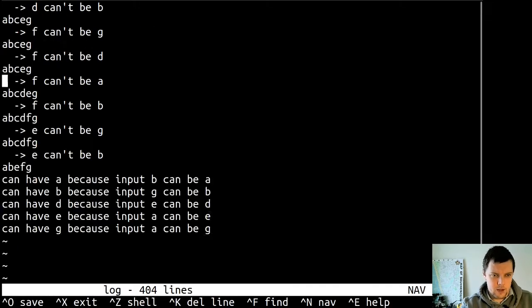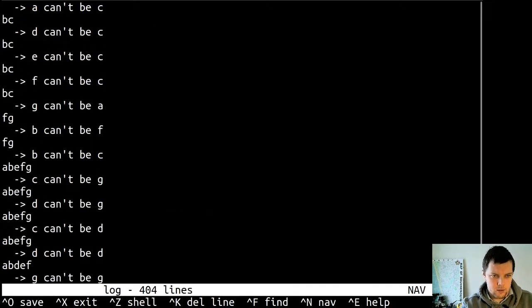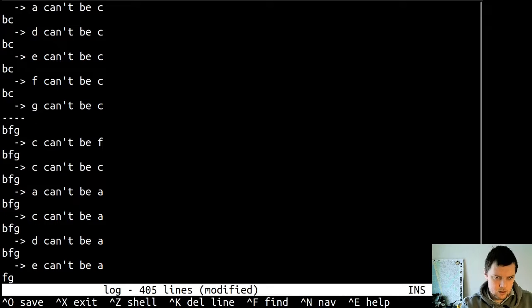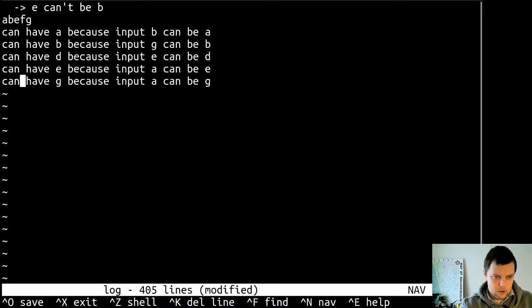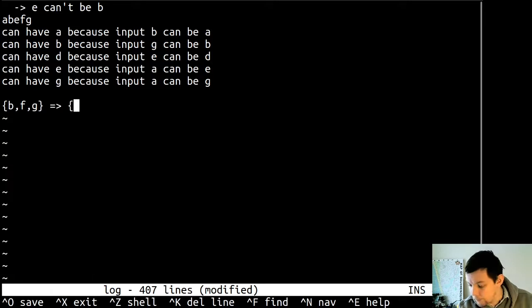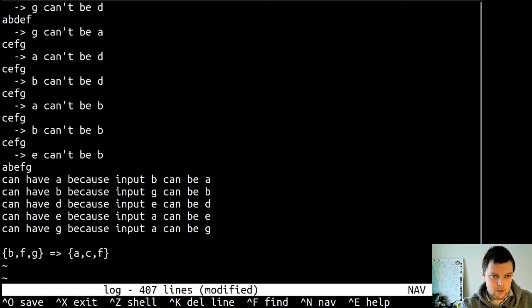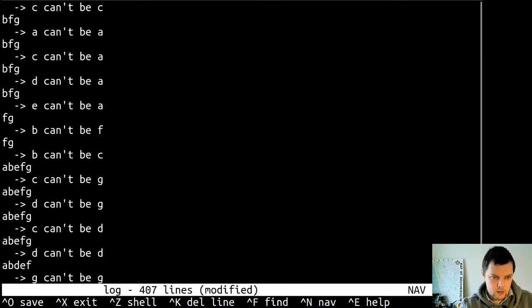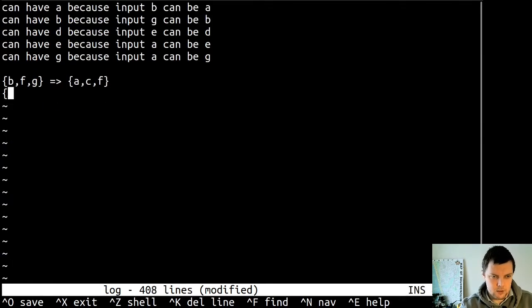So if we come to the end, we'd have something like that. So BFG, we know, maps to A, C and F in some order. FG, we know, maps to C and F in some order, which means B equals A, and we can forget this because we already know the rest.